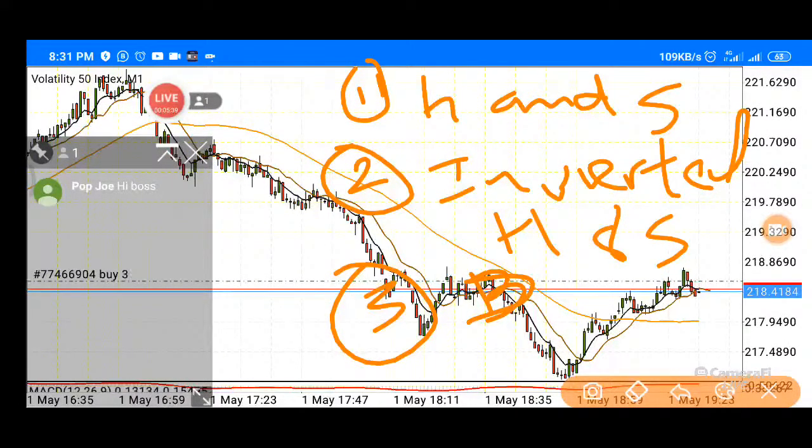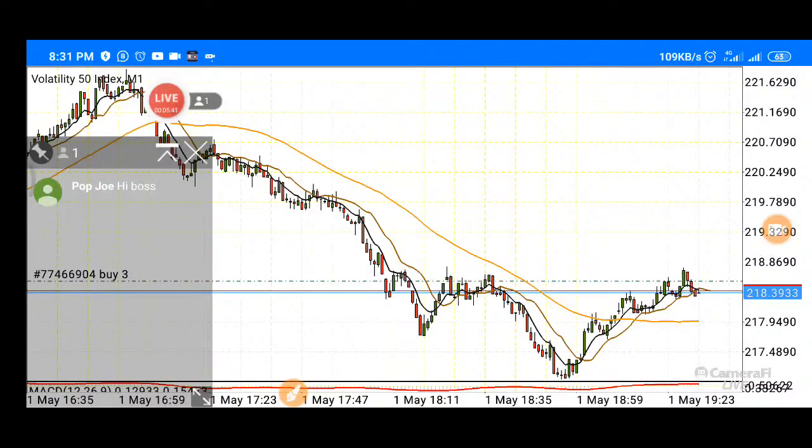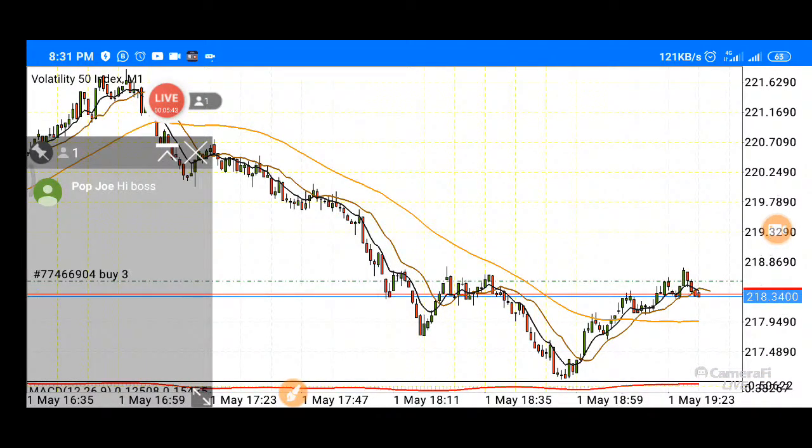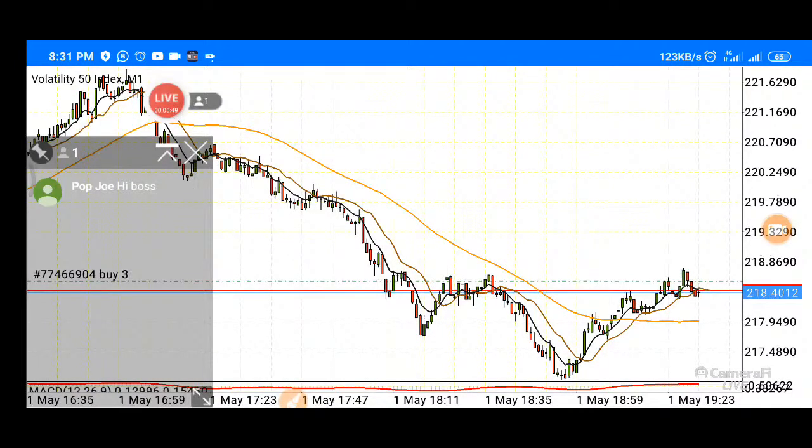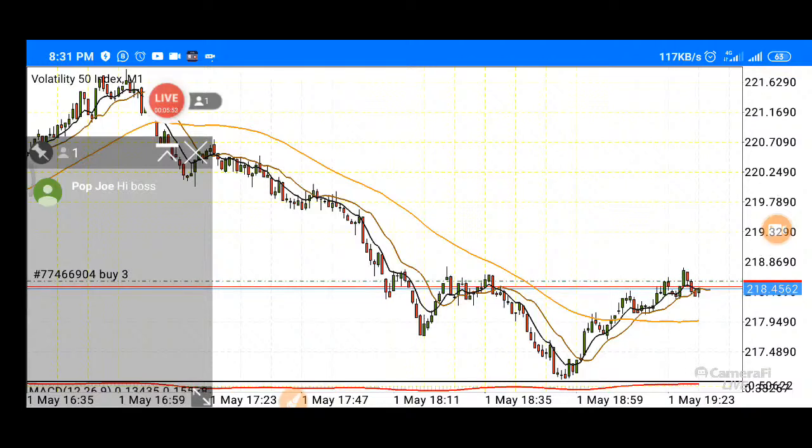You can jot it down. I'm not having a good writing on the screen. We have the double bottom and the double top. The double bottom is called the W pattern, the double top is called the M pattern.